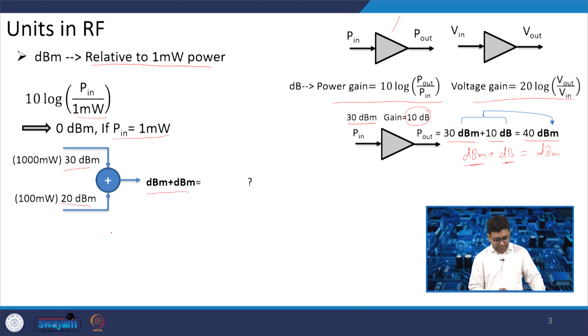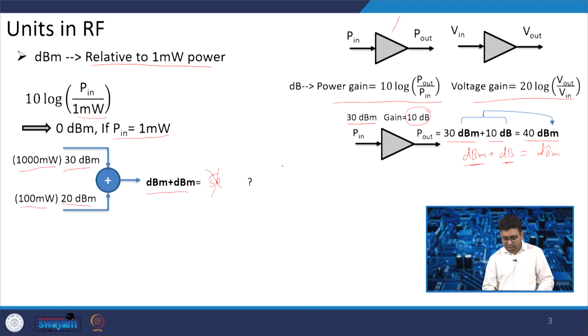You might think that dBm plus dBm means 30 plus 20, that is 50, but it is not correct, it is wrong. First, you need to convert 30 dBm to the equivalent milliwatt power, that is 1000 milliwatt, and 20 dBm is 100 milliwatt. Then you add 100 plus 1000.